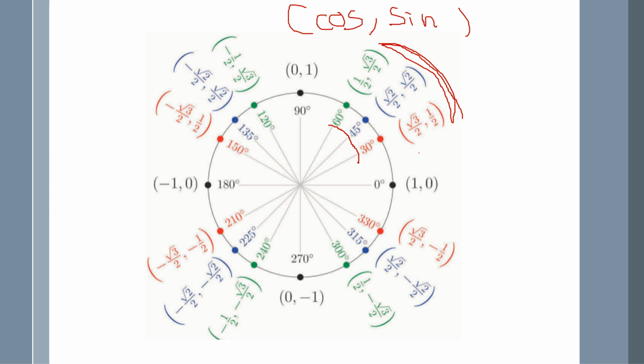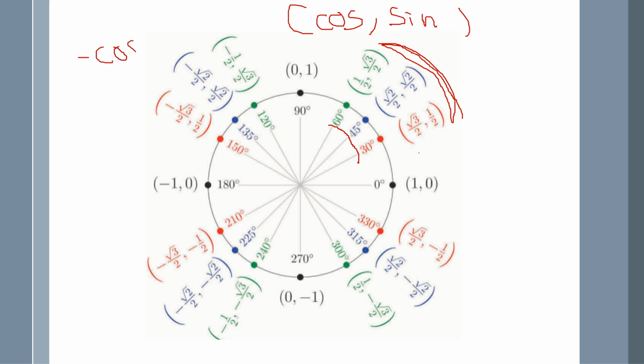Now, here's what you got to worry about. Although you're going to get your reference angles here, and you're going to do the same thing you did with the triangles, with those trig ratios you now have to worry about which one's positive and which one's negative.